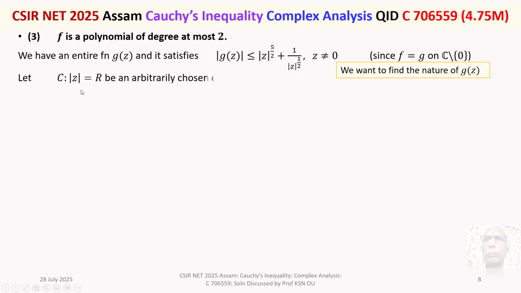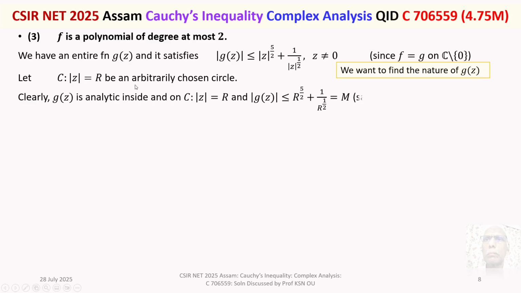Let us consider an arbitrarily chosen circle C, that is mod z equal to R, a circle with center 0 and radius capital R. Clearly, g of z is an entire function, analytic everywhere on the whole of the complex plane. So g of z is analytic inside and on C, that is mod z equal to R.